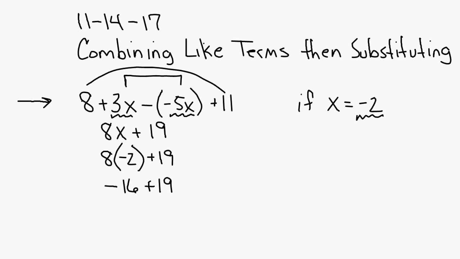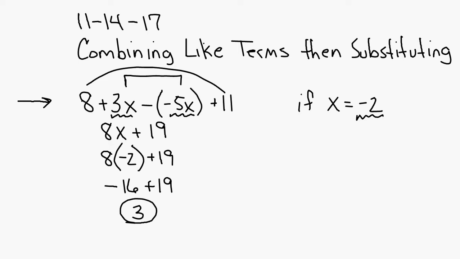And negative 16 plus 19 is 3. Okay? So you're going to combine like terms, and once you've combined all the like terms, then you're going to substitute and simplify the problem.